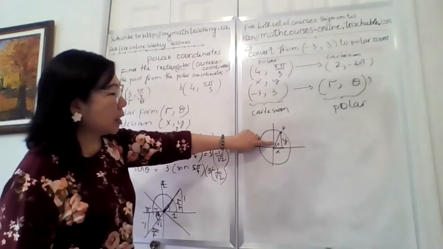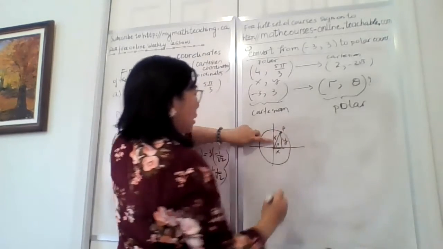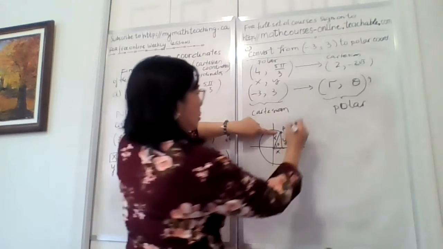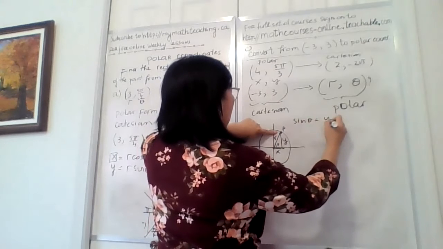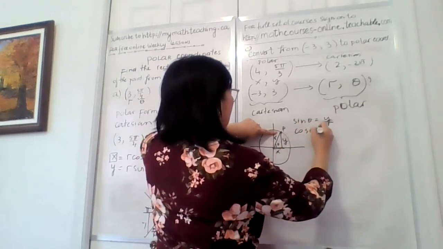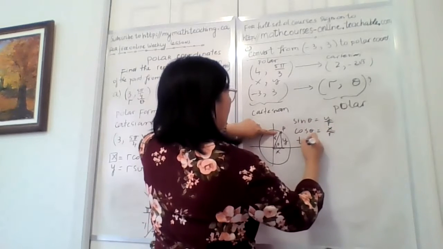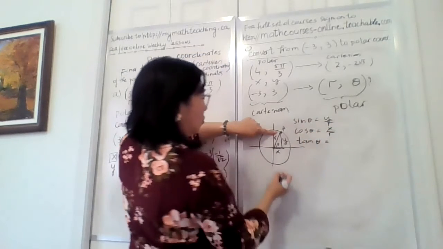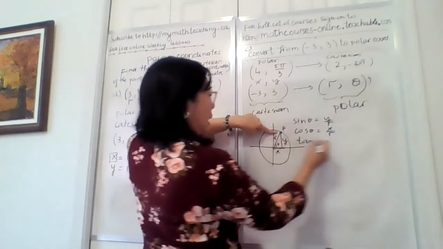So obviously sine theta equals y over r, the radius of the circle. Your cos theta will be equal to x over r, and your tan theta will be equal to sine over cos, which is y over x.